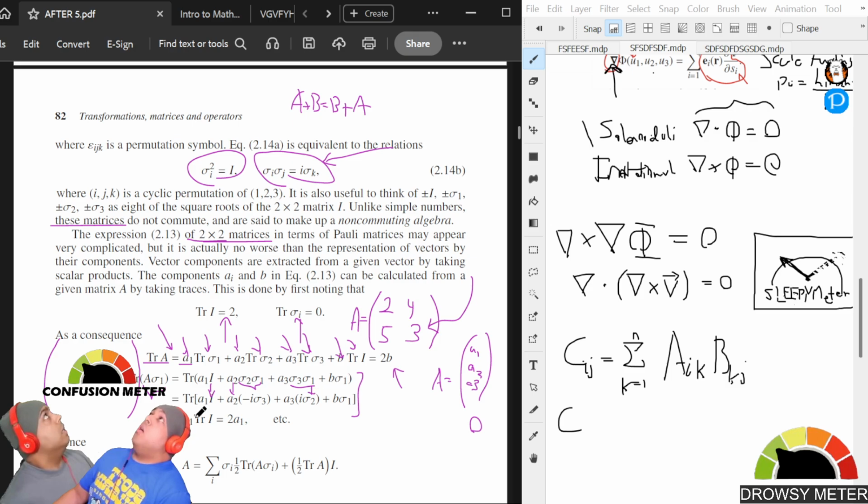A1 trace 1. A1 trace of I. A2 sigma. Trace of this is trace of this is trace of this.